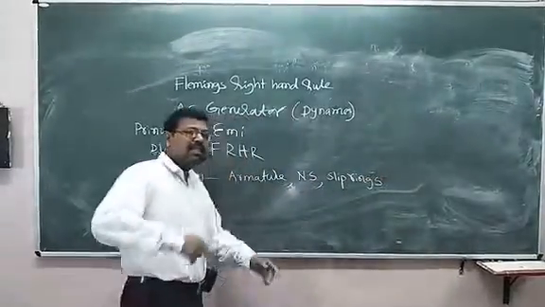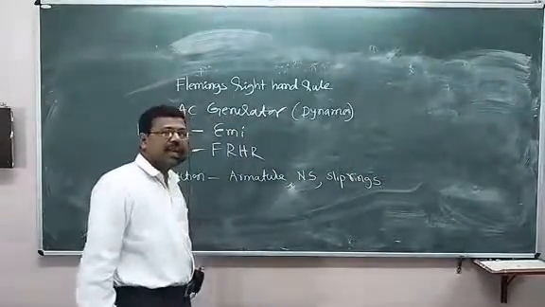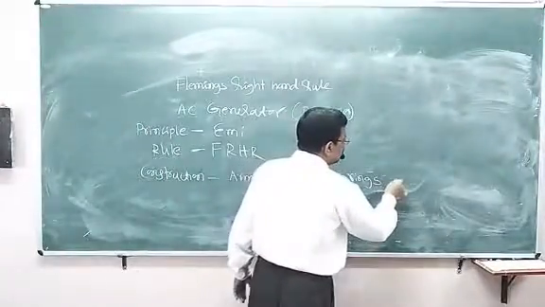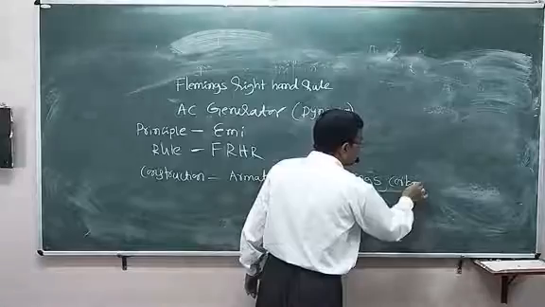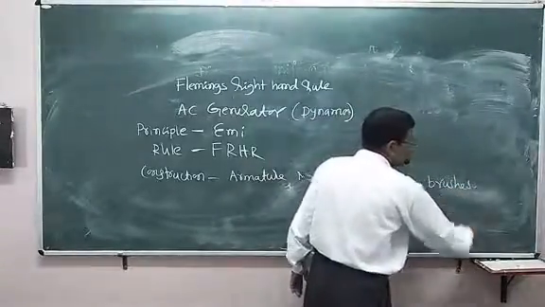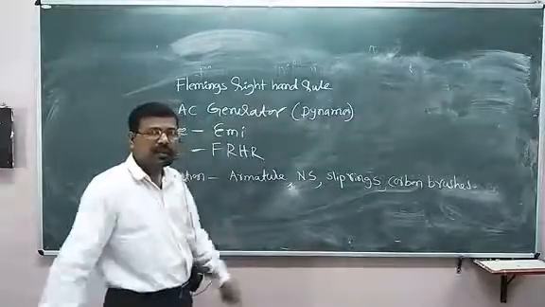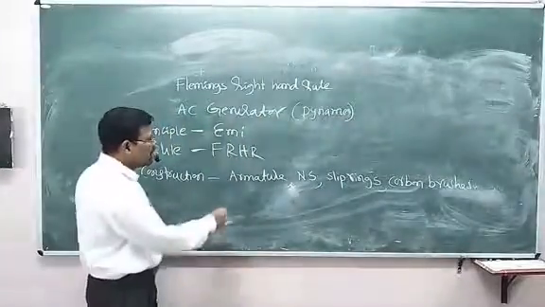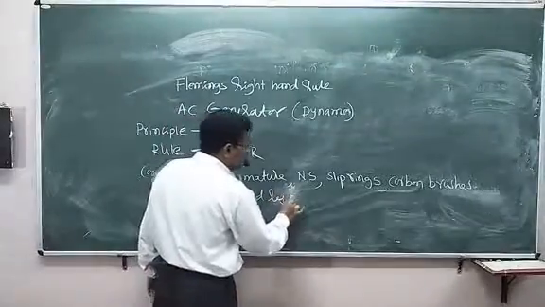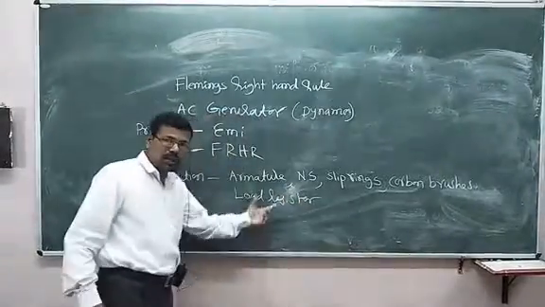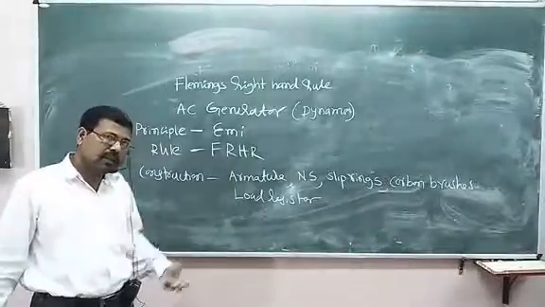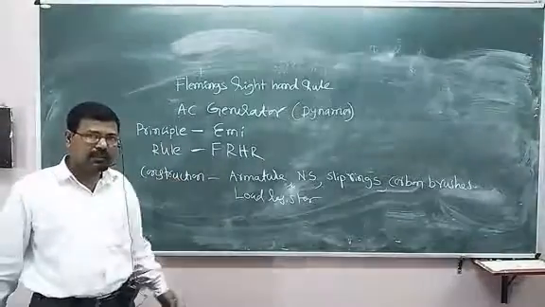These slip rings are used to change the direction of induced current. It contains two carbon brushes, which are used to get electric contact, and a load resistor. Across the load resistor, we draw the induced current, the generated electricity.